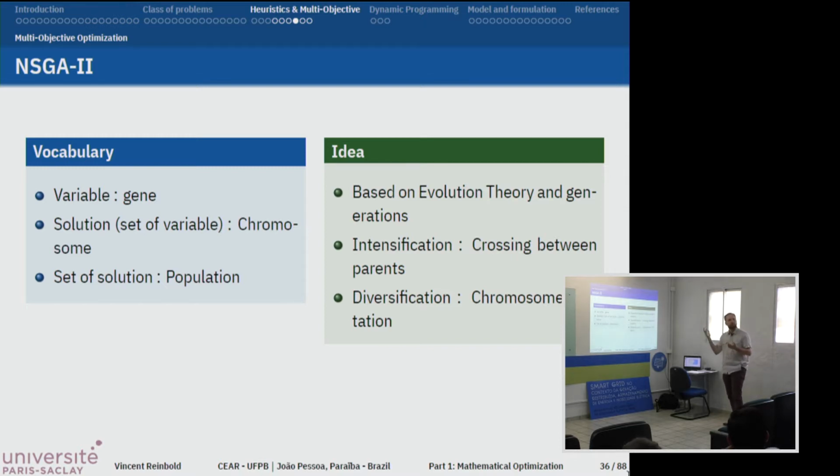And then they took this algorithm and put it in practice, okay? And now the new vocabulary used in genetic algorithm is, we are looking for optimal variables, but now we call them genes. So genético, como se fala em português?